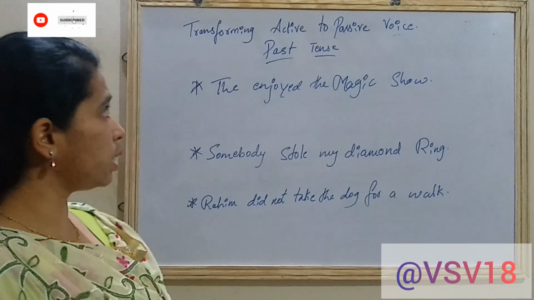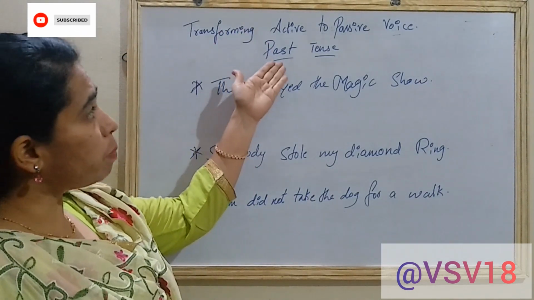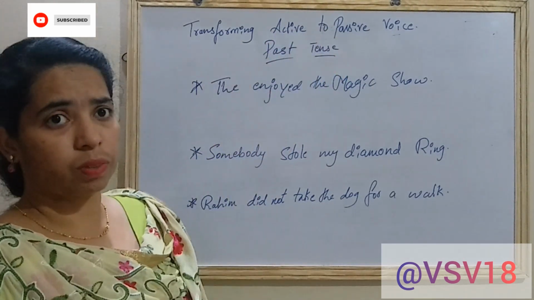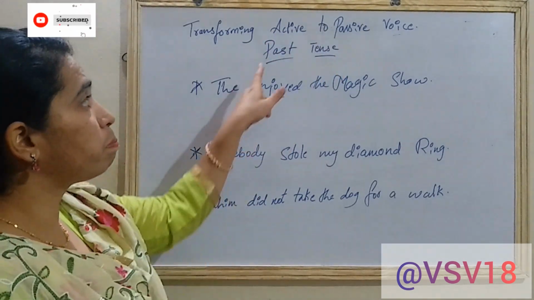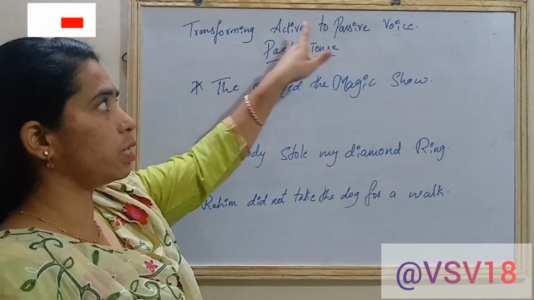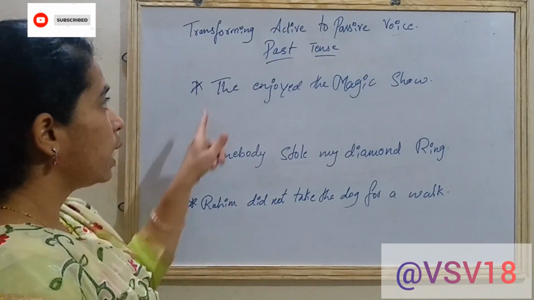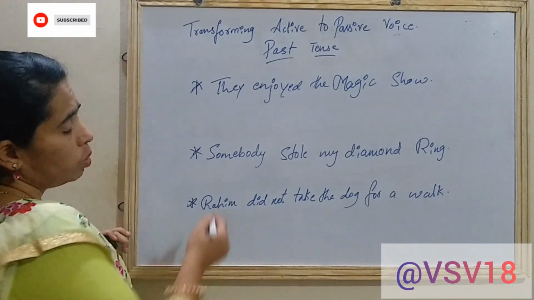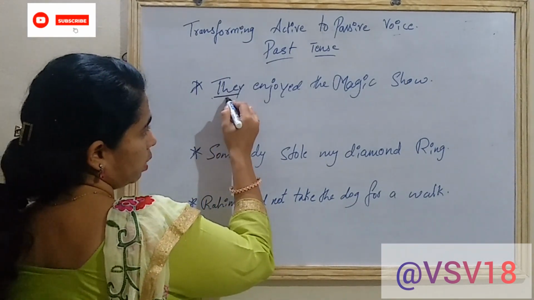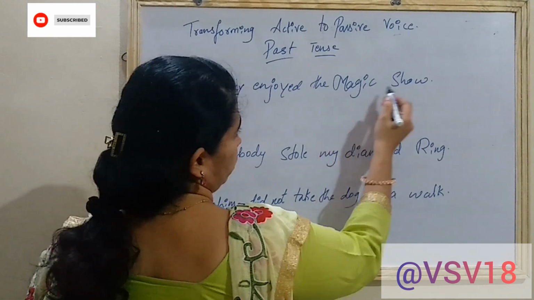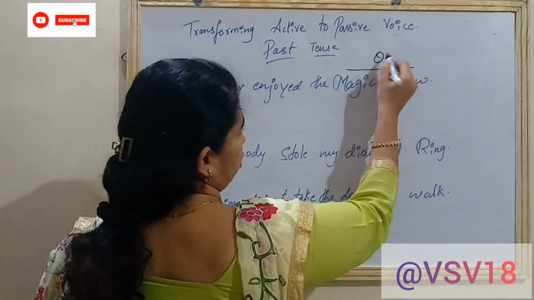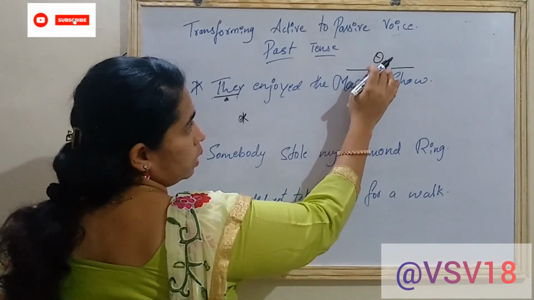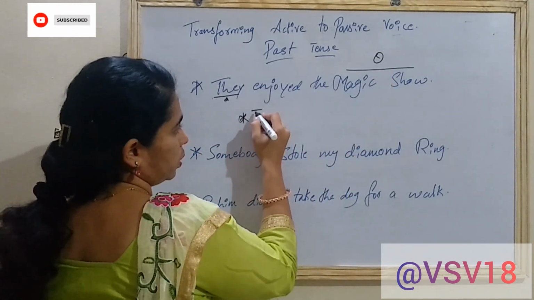Let us transform the past tense statements from active to passive voice. They enjoyed the magic show. Okay. So now they is the subject, and magic show is the object. According to our rule, the magic show will come first as subject.